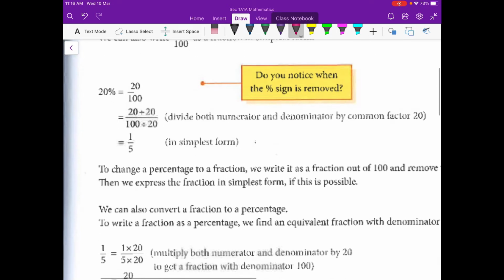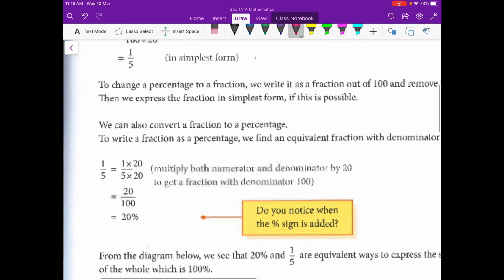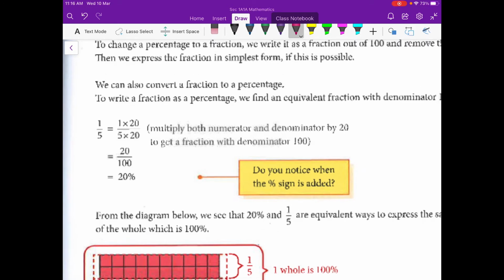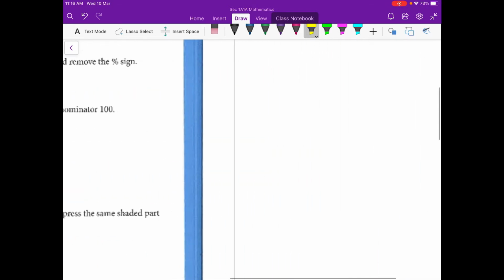This was exactly what we did earlier on, so I'm going to skip this part. Now we move on to conversion from a fraction to a percentage. We know how to do percent to fraction already, because it's just divide by 100.